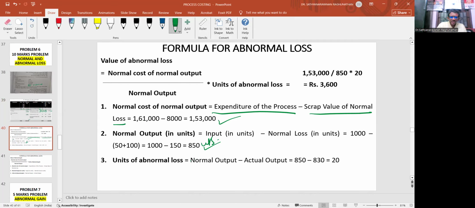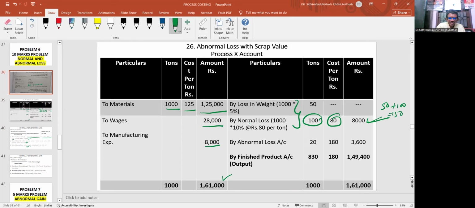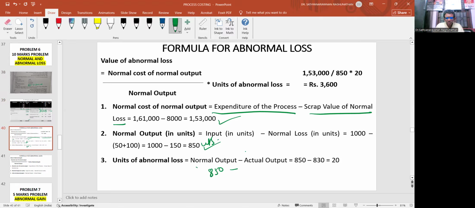Abnormal loss units. So here the abnormal loss units formula is normal output minus actual output. Normal output you have already calculated, that is 850 units. What is the actual output? What they have given in the question, 830 is the actual output, finished stock units. So abnormal loss is 20 units. Now you substitute whatever you have calculated.